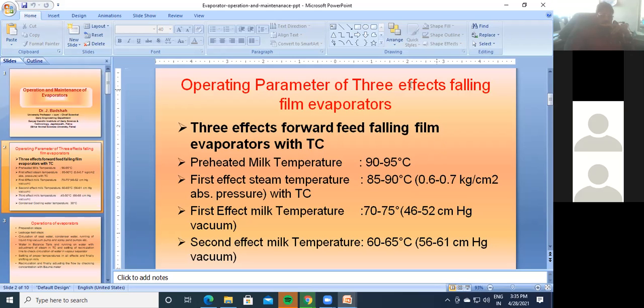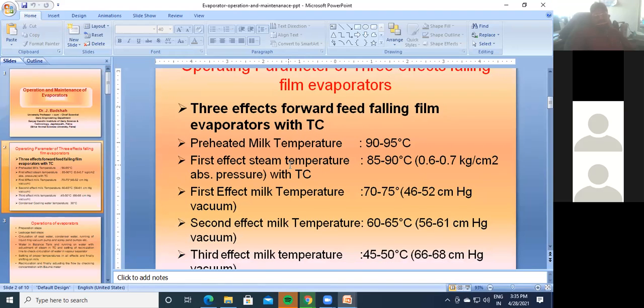Okay, so let us see the 3 effect forward feed falling film evaporators. For preheated milk temperature, to make low heat powder, preheating is done at 90 to 95 degrees centigrade. If we go for high heat powder, then we preheat up to 110 to 120 degrees centigrade.